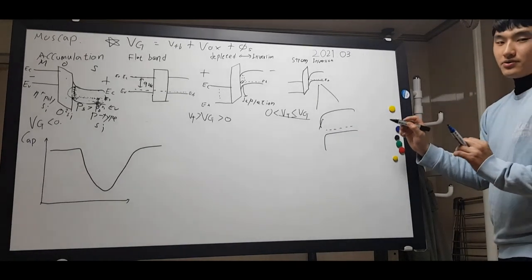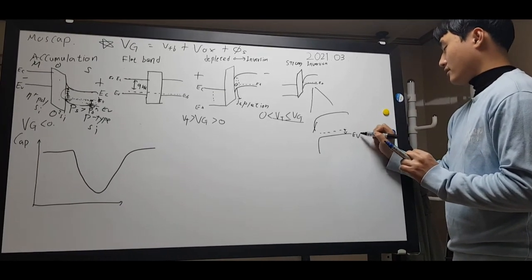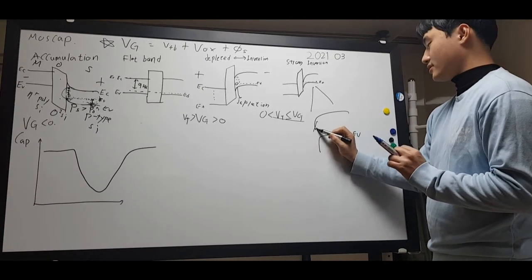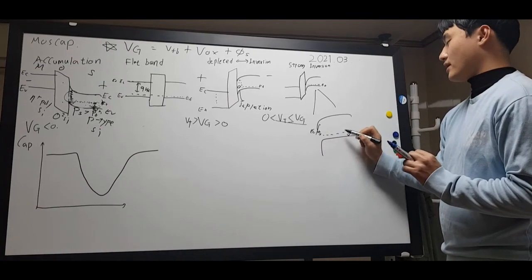The difference between the Fermi level and the energy of balance state is the same at the surface between the conduction band and the Fermi level.